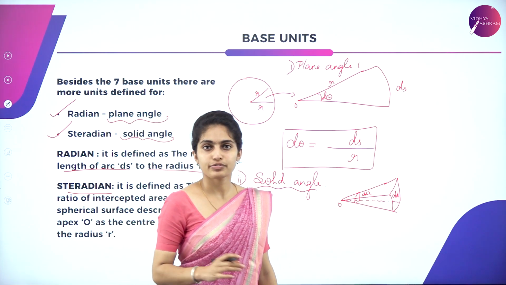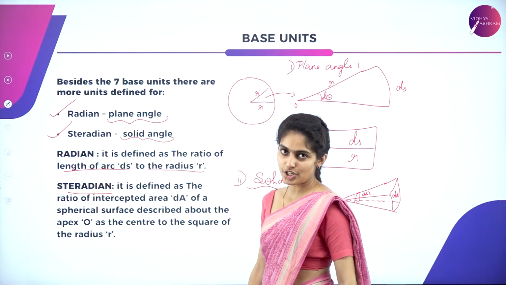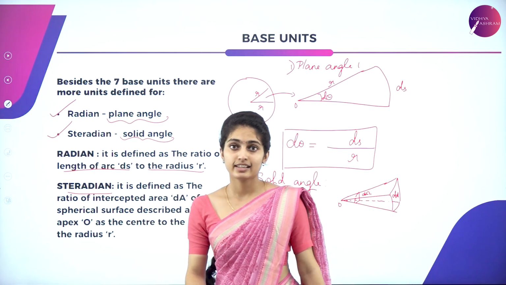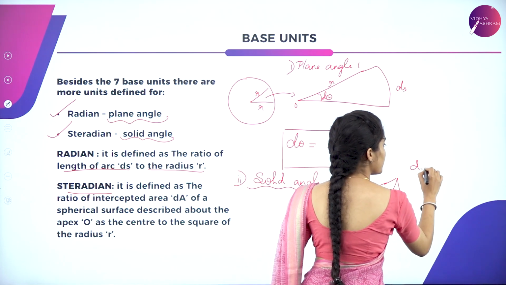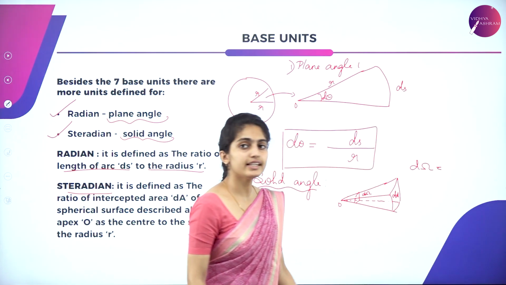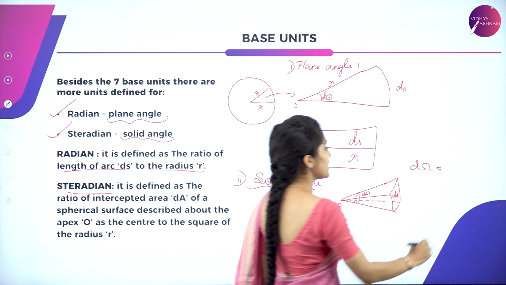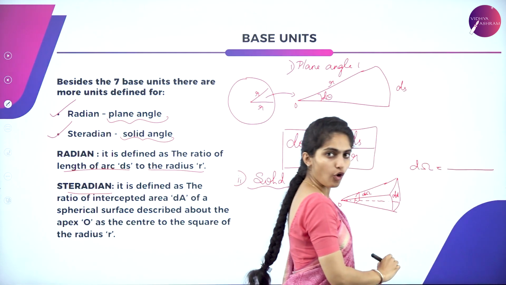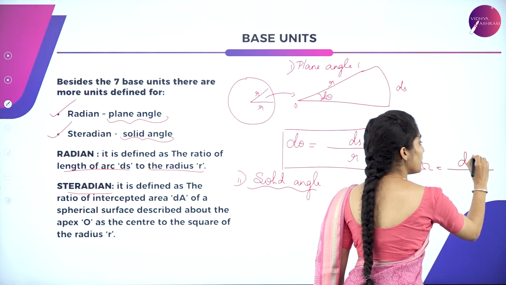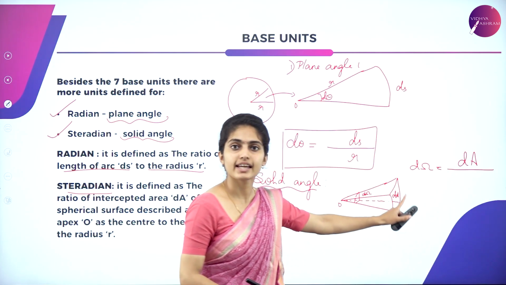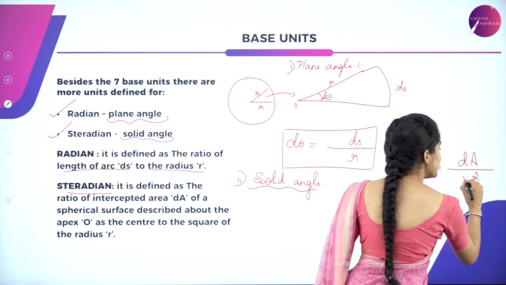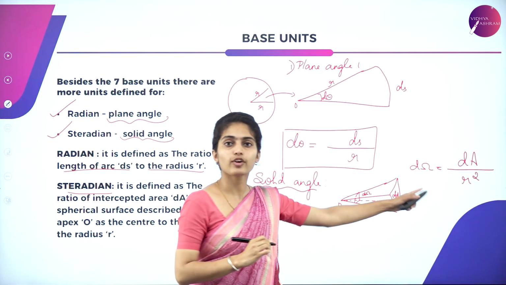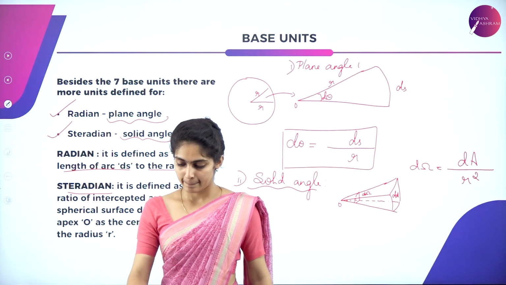Okay, so now coming to the definition. So steradian, the angle, can be d omega. So steradian is defined as the ratio of the area, this area, to the square of distance, that is square of radius.